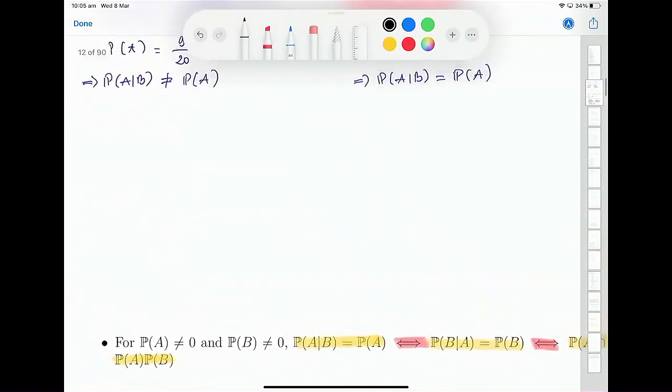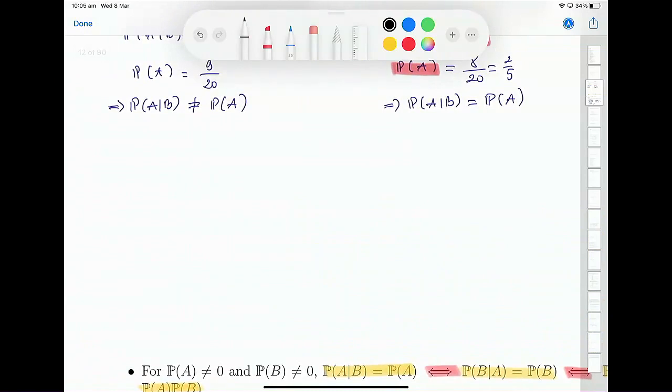So this means that if I have the probability of A given B equal to the probability of A, then I can prove that this is equivalent to the probability of A intersect B equal to the probability of A times the probability of B. This is quite obvious when you use the definition of conditional probability.